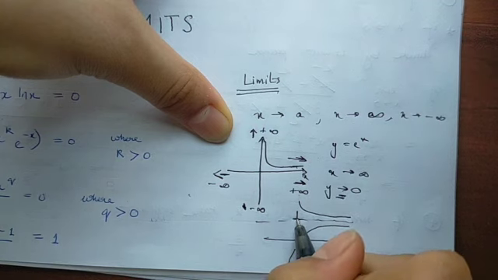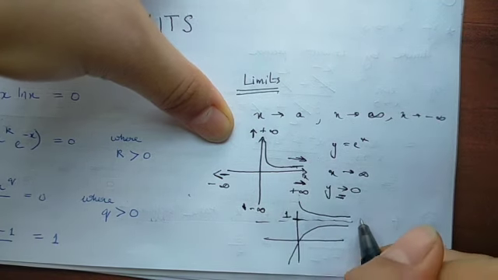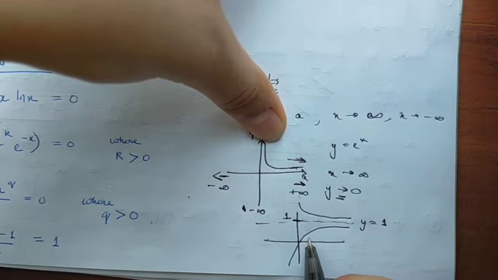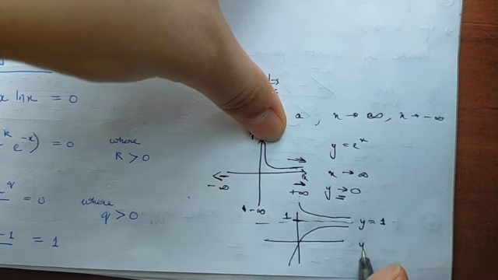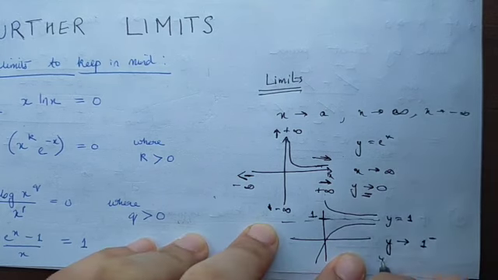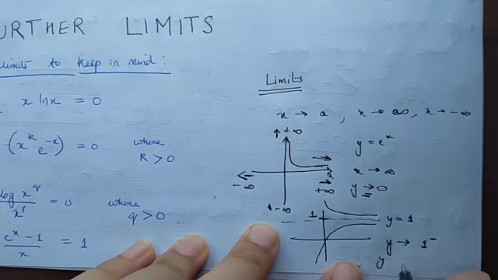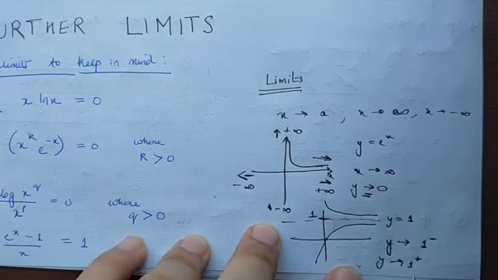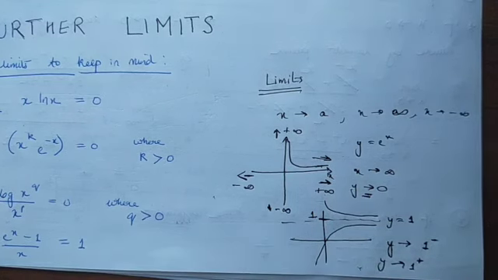So if the asymptote was y equals 1, then if we want to say the function approaches the asymptote from below, we would say y tends to 1 from below, or if we want to say it approaches from on top, y tends to 1 from above. So we write these minus and plus signs to be more clear from where we're looking at.